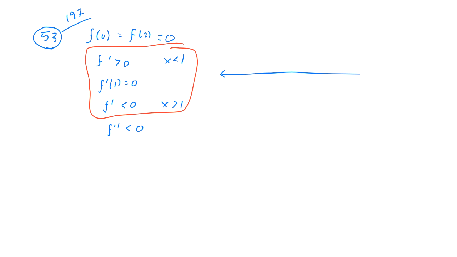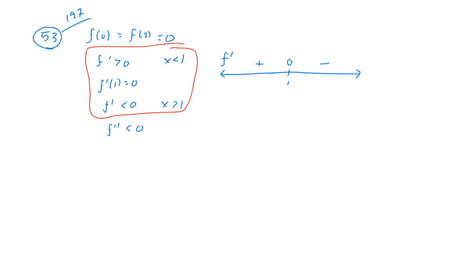So if we draw a number line for f prime, then I know that f prime of 1 is 0. If x is less than 1, the first derivative is positive, so I could put a plus here. And f prime is negative when x is bigger than 1. So notice that that number line captures all of the information that's in that red box.